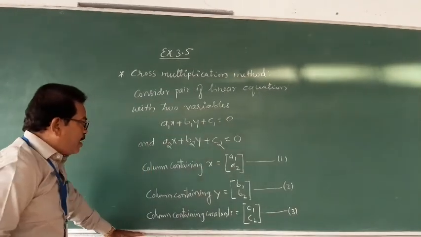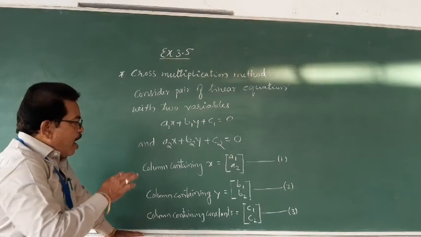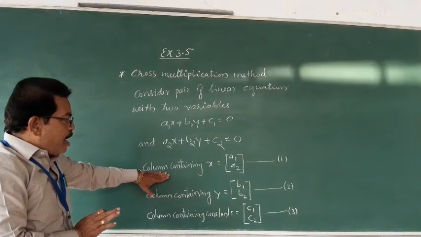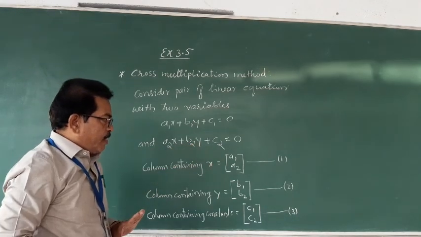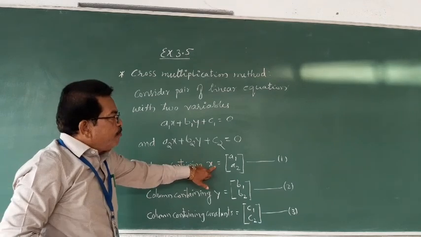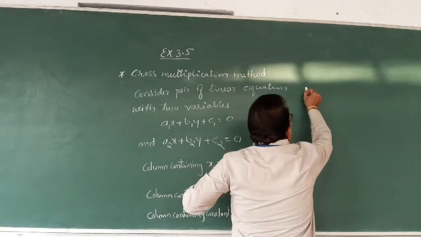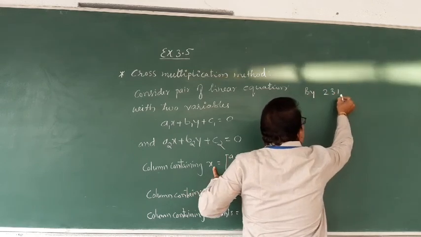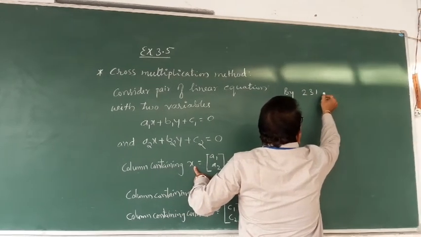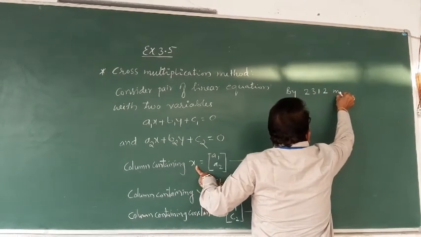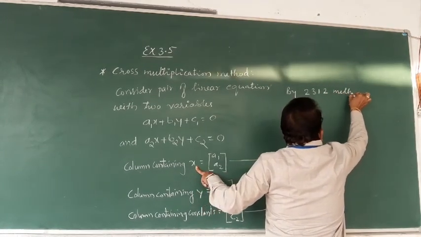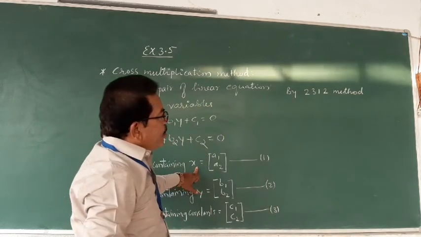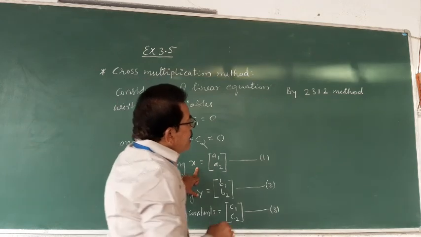Okay, for our convenience we set the cross multiplication formula by using these coefficients, by the 2, 3, 1, 2 method. What is this method?